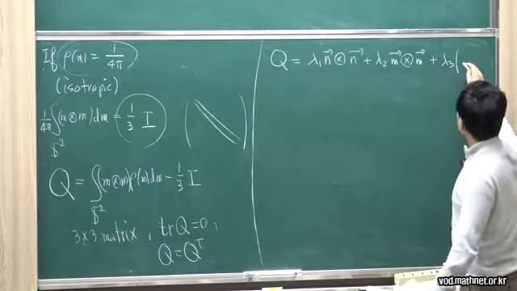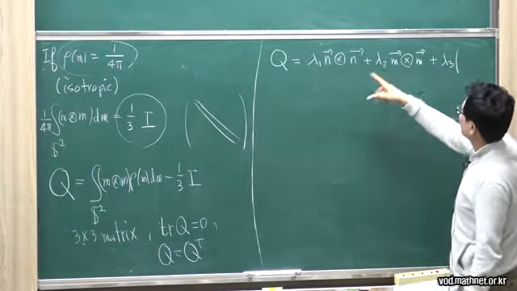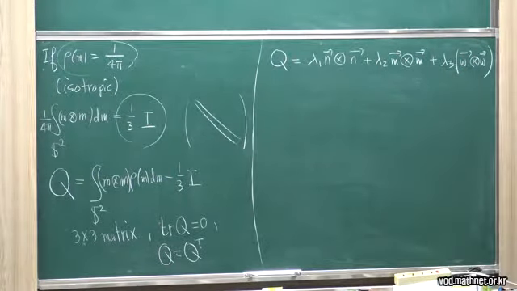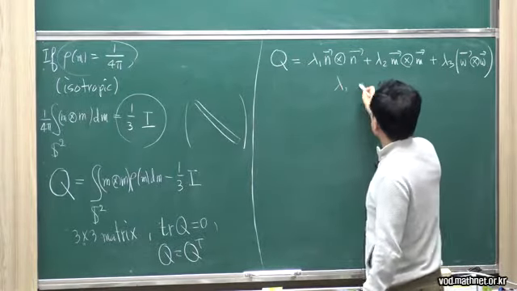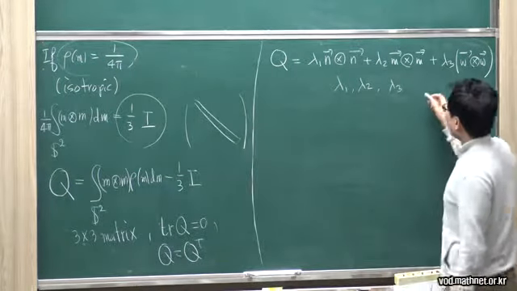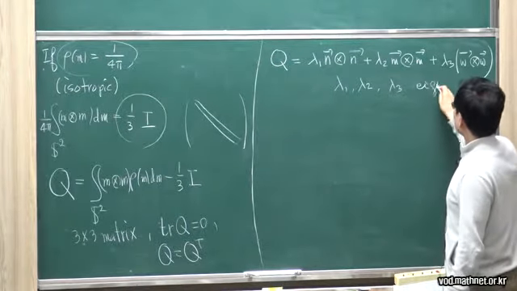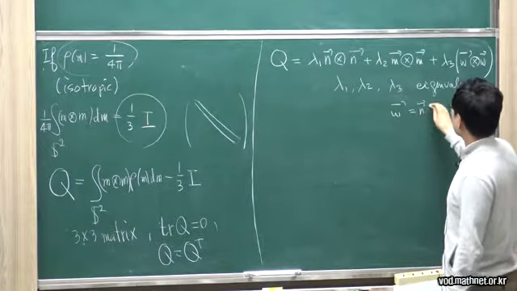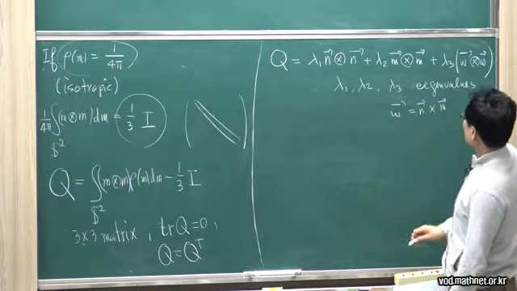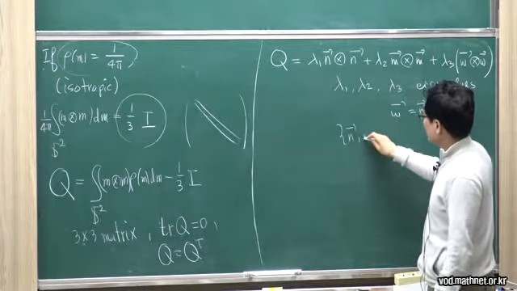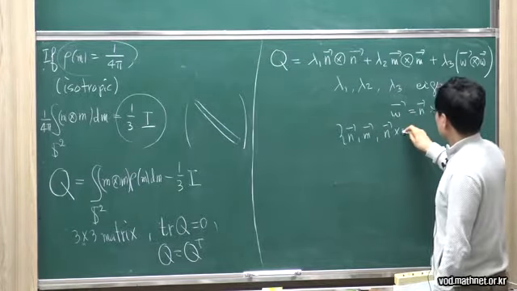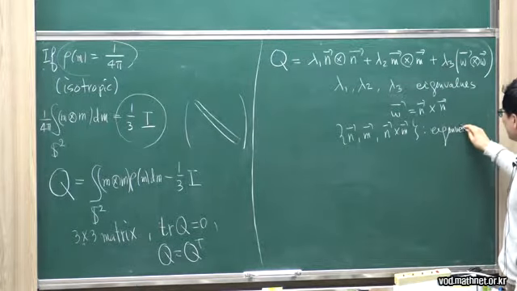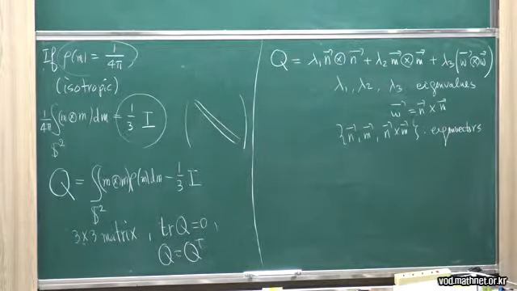You have three eigenvalues, then you get eigenvectors, and for a double eigenvalue like this one, lambda 1, lambda 2, two eigenvalues. And then W is actually n cross m. These are the eigenvectors.